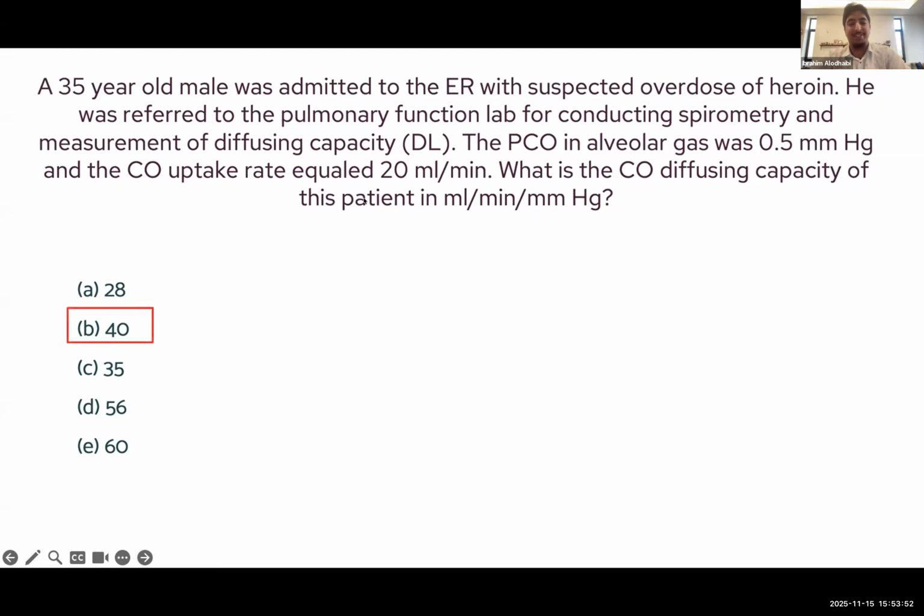So yes, the answer to this question is B. It is 40. Can someone actually tell me the equation that they used to get the answer here? Yes. All right, great job, you guys.